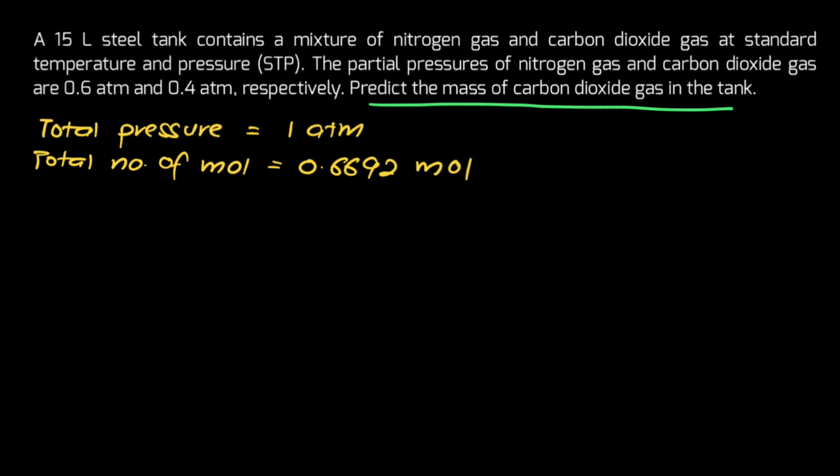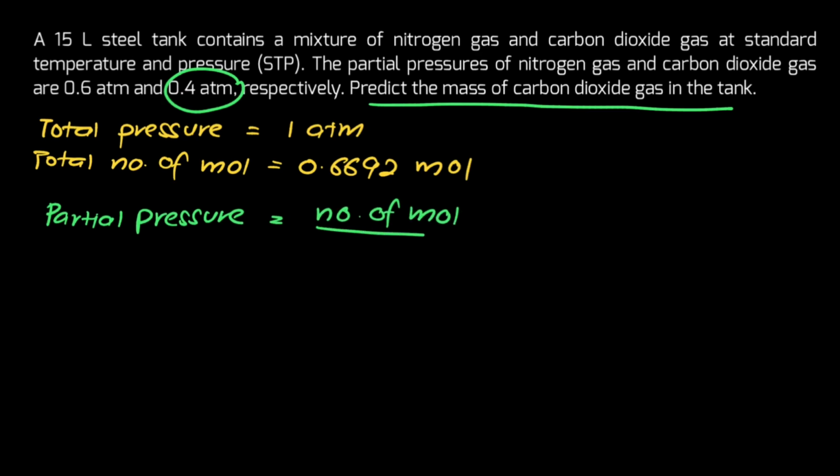So the partial pressure, which is given in the question, the partial pressure for carbon dioxide, 0.4 atm, is equivalent to the number of moles divided by the total number of moles times the total pressure.